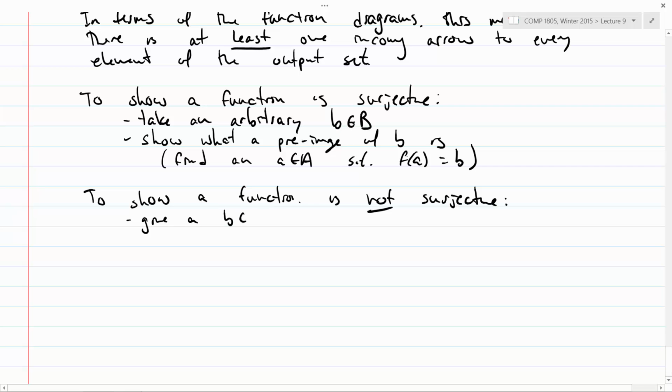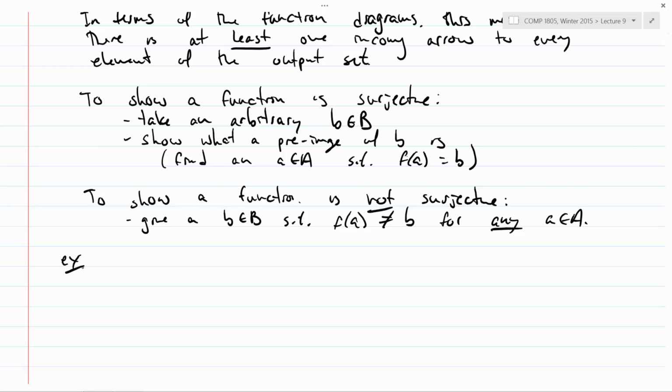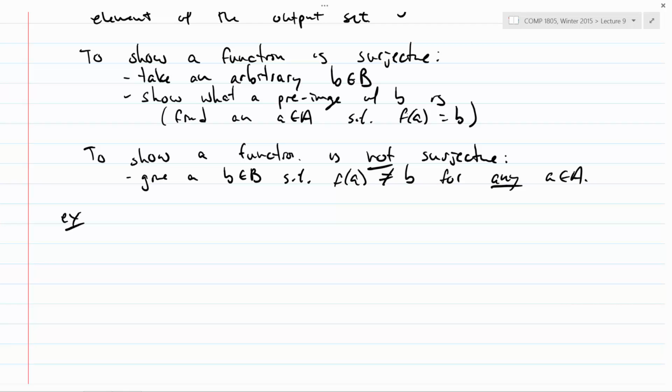Give a b in B such that f(a) does not equal b for any a. Okay, that's the opposite of surjective. All right, so let's do some examples to see how this works. We'll start with the picture approach.